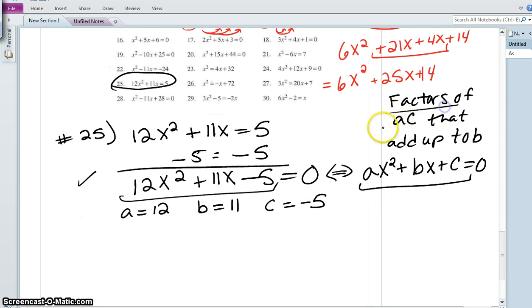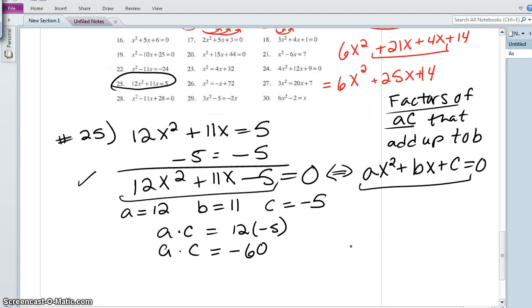I use factors of AC, so AC equals 12 times -5. AC equals -60. I need factors of AC that add up to B. In this case, that's 11.